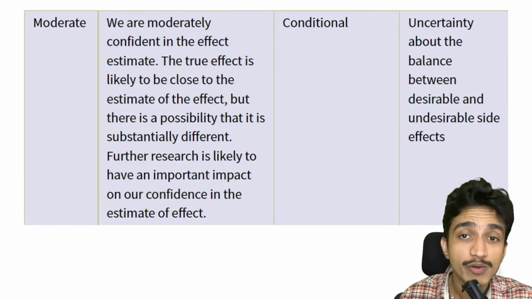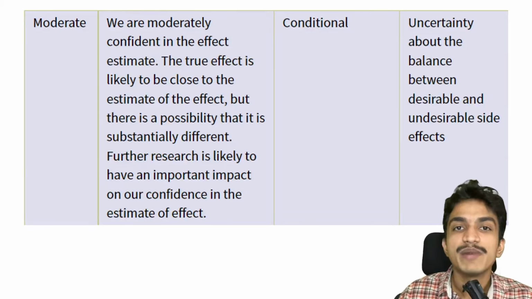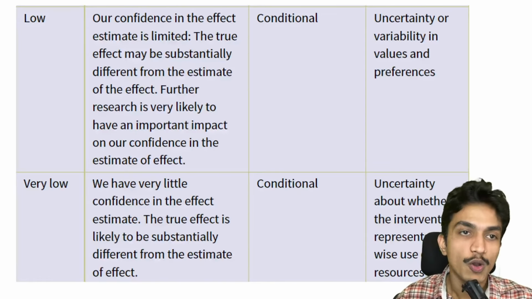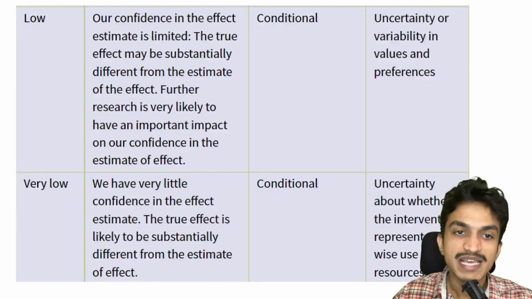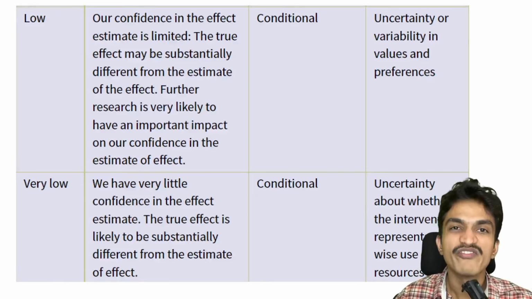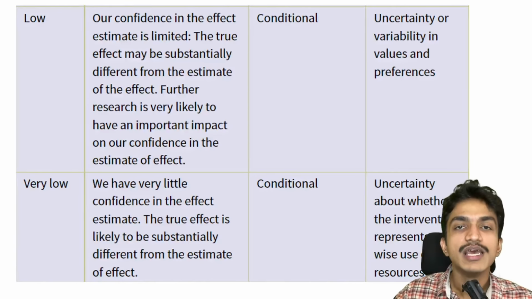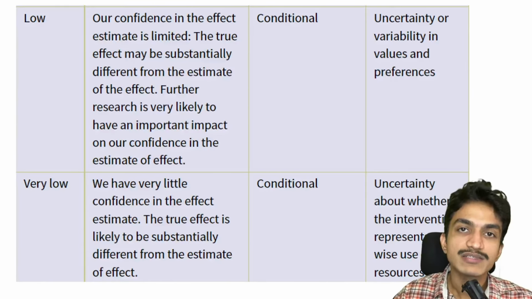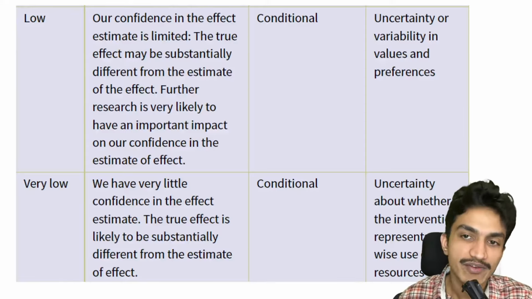So that is a moderate quality of evidence, and the recommendation can be conditional. Low and very low: basically confidence in the estimate is limited, or there is very little confidence, and the strength of recommendation is very conditional. So that is when you give low and very low quality of evidence.